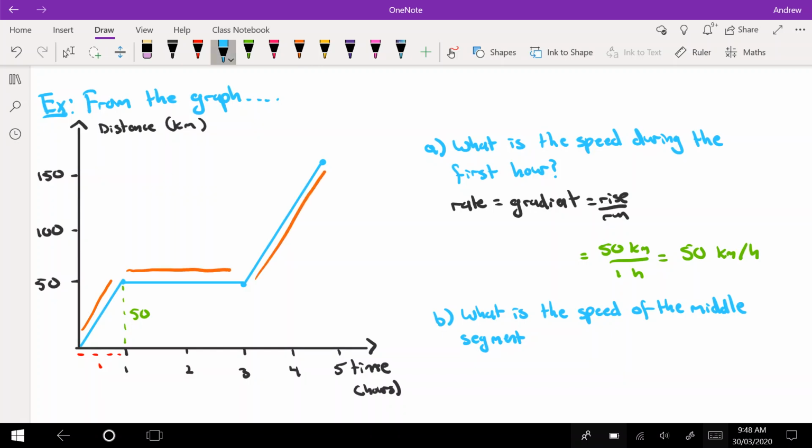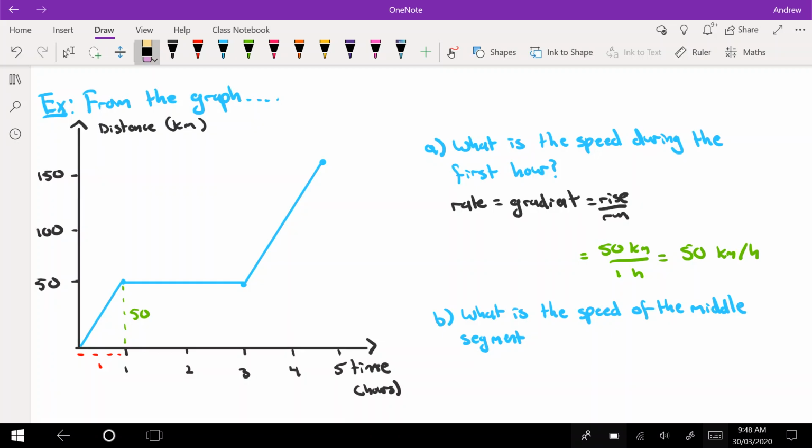Okay, so we are after this middle section. Now that is a flat line there. From my middle section, I have a flat line. And so since it's a flat line, it means I'm not going anywhere. It means that my distance is not increasing at all.